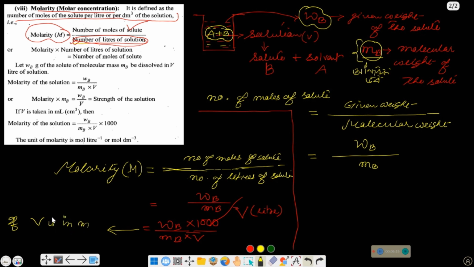If V is in ml, then we need to multiply with 1000. I have said in earlier videos why 1000 comes, because you know the relation between milliliter and liter, right? So this is the main formula for the molarity of the solution.